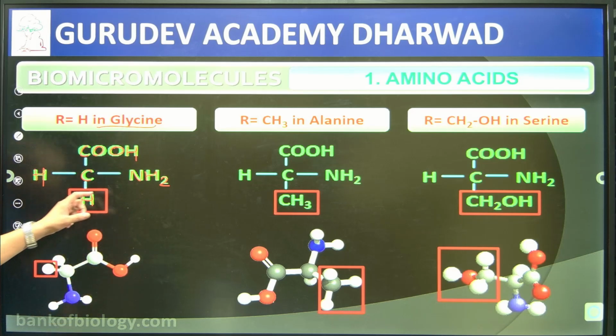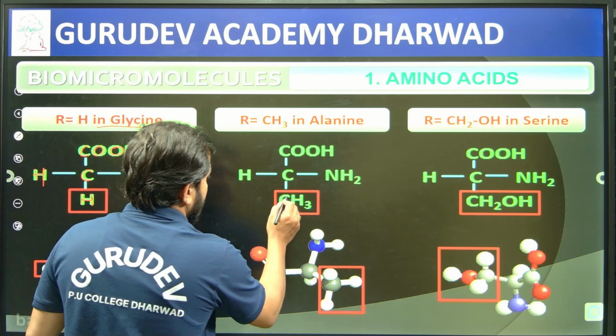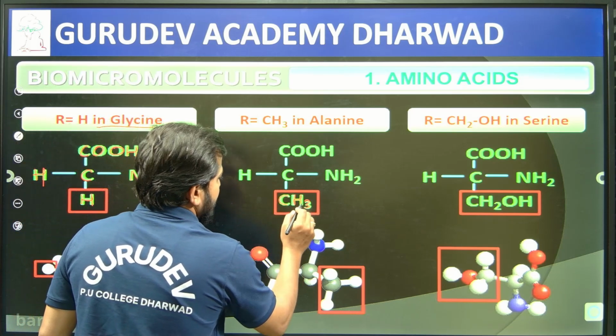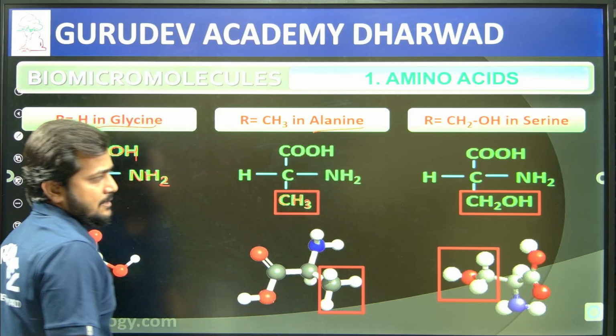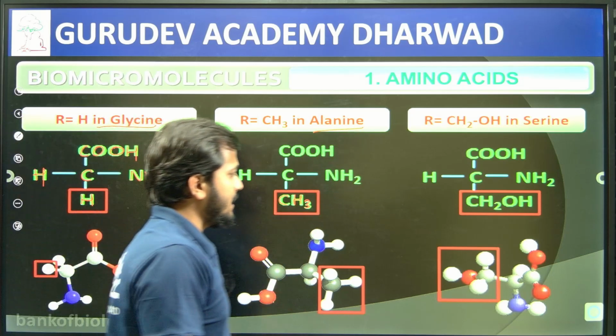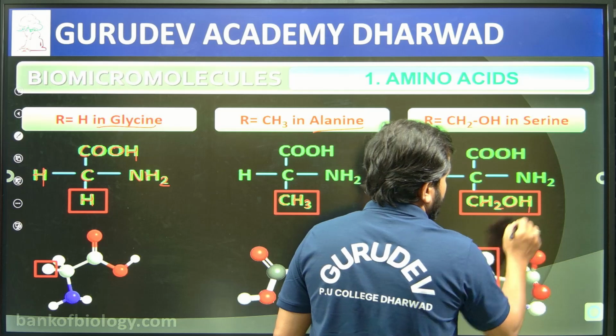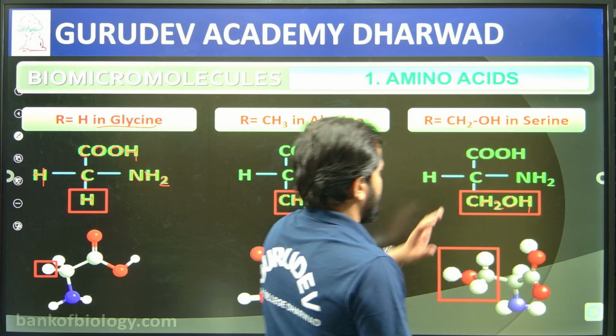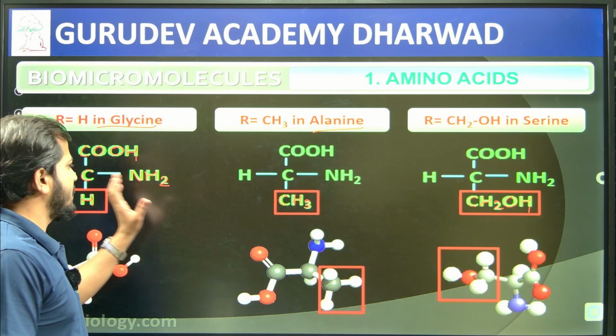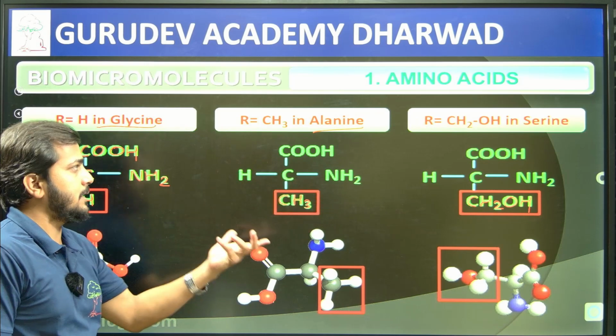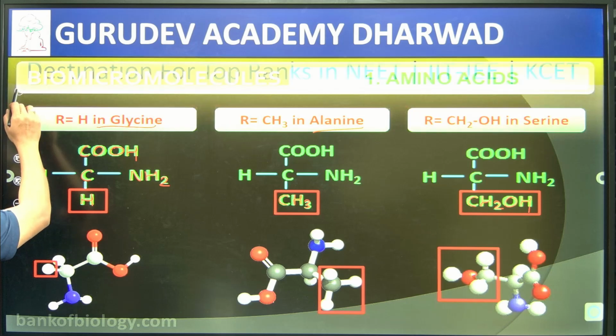In the same way, only the R group changes: when CH3 is attached, that is alanine. When it is attached with the CH2OH R group, that is serine. Like this, we can commonly remember the structures of these amino acids, right?